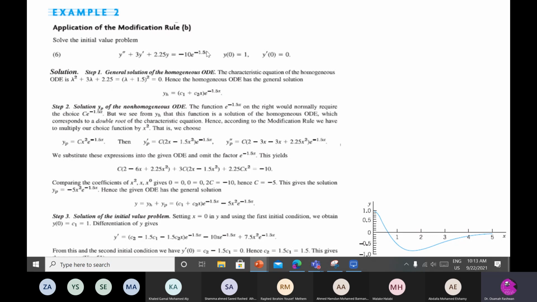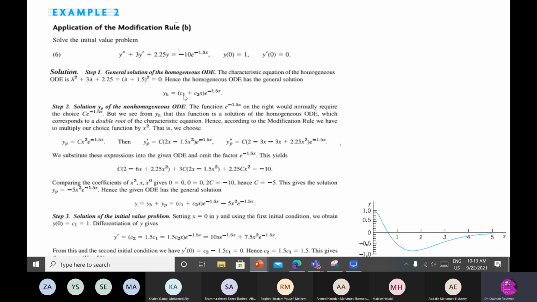Next, you go for the particular solution. The particular solution depends on the right-hand side. This is exponential, so you let your particular solution as a constant times the exponential. Why do you multiply this particular solution by x squared? Yes, because I cannot consider the particular solution as a part of my existing solution.